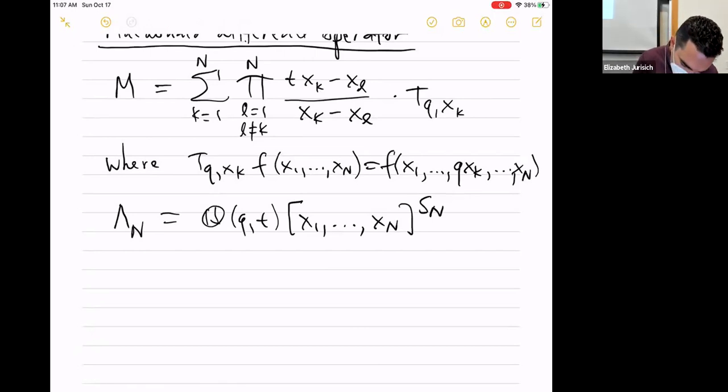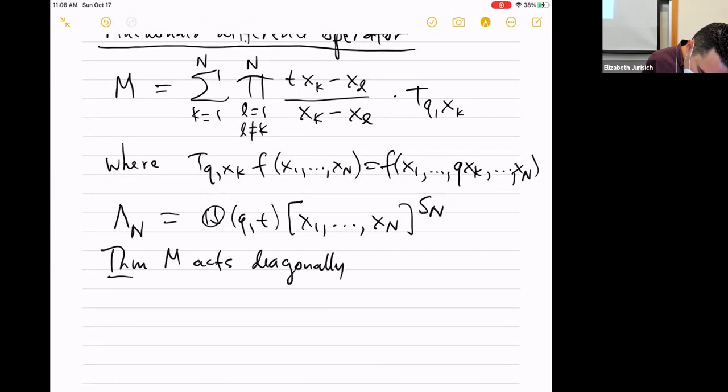So Macdonald's major results for the foundations of Macdonald theory states that this operator acts diagonally on symmetric polynomials. It has an eigenbasis. So M acts diagonally on Lambda_n.